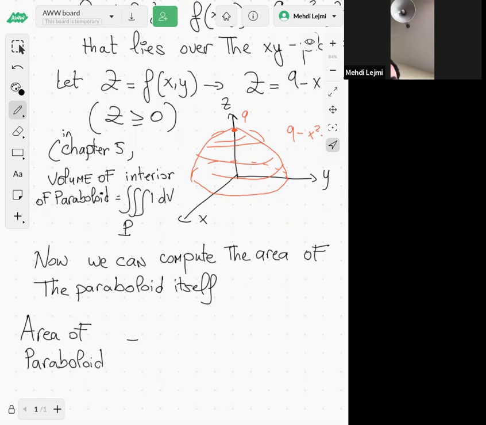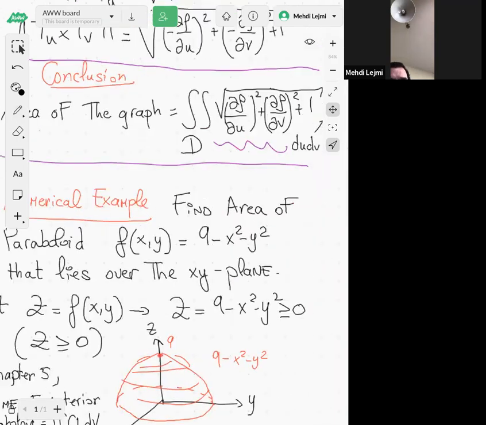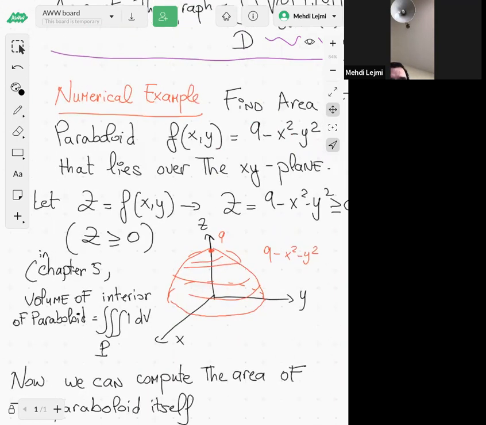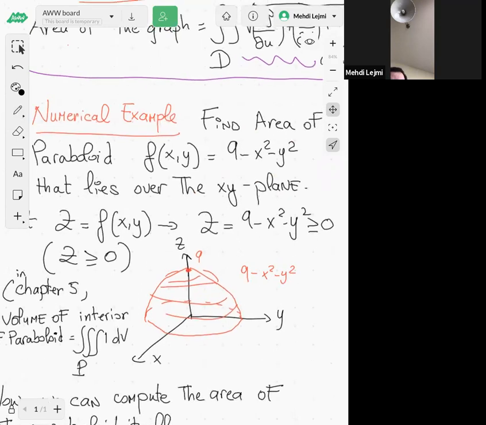will be a double integral over the region D, and this surface is given by the graph of this function f, right? So we can just use this formula right here.